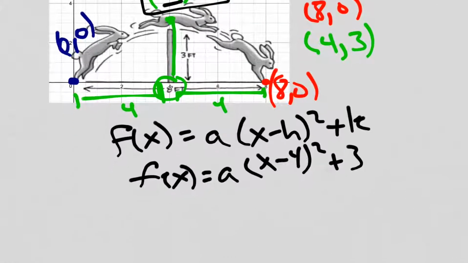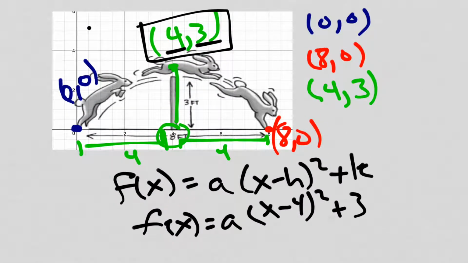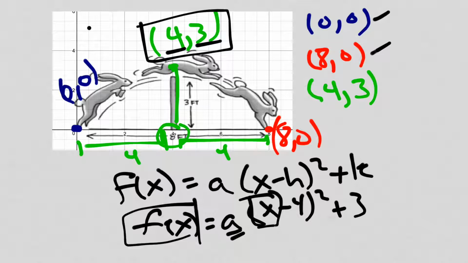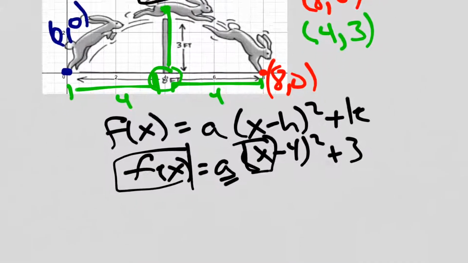Now, we still have to find that scalar. And in order to find the scalar, I'm going to have to choose one of these points, either 0, 0 or 8, 0, and substitute it into my f of x and into my x terms there, so I can then solve for the a. So let's use 0, 0. That seems to be a very easy way to do that.